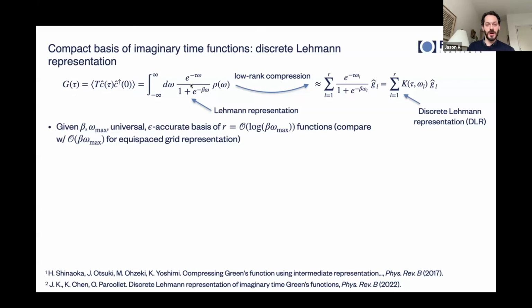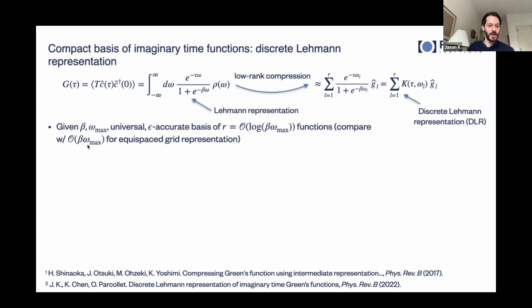Since the kernel is numerically low rank, the number of basis functions we need only scales logarithmically in this basically dimensionless product. So basically logarithmically with the inverse temperature at fixed bandwidth. And this is very nice.